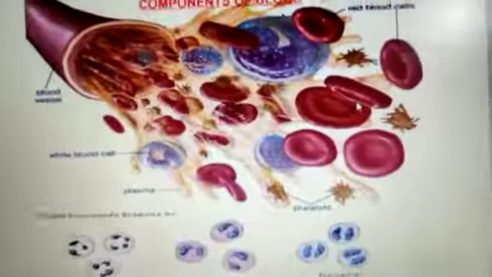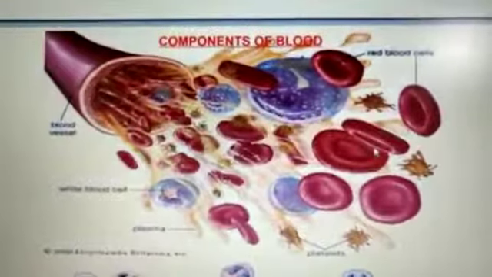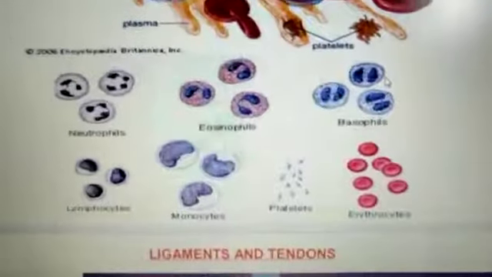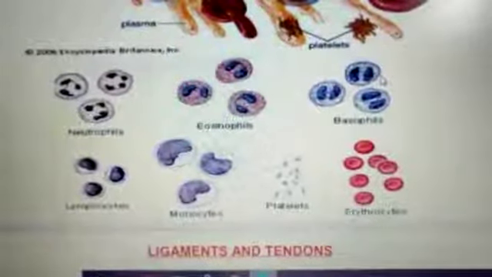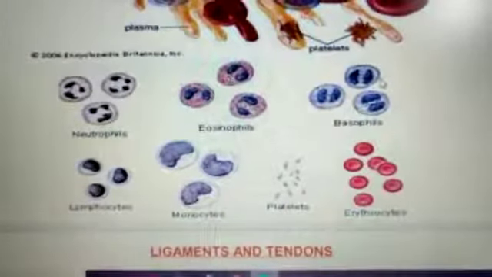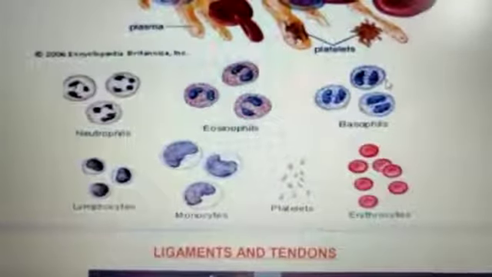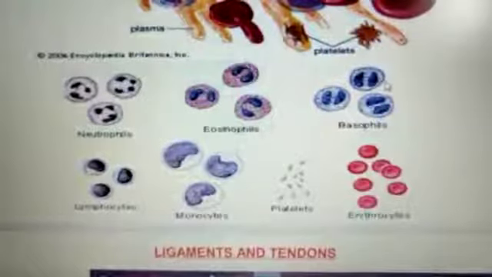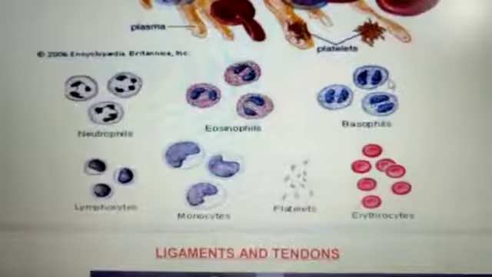Now the components of the blood: you are able to see RBCs, WBCs, plasma. There are different types of blood cells. WBCs are again classified into neutrophils, eosinophils and basophils depending on their staining capacity. With the neutral dye, they are classified as neutrophils; basophils stain with the basic dye, and eosinophils with the acidic dye.